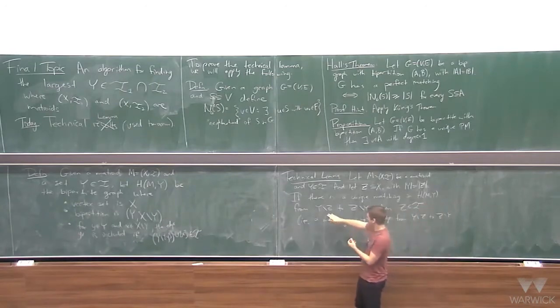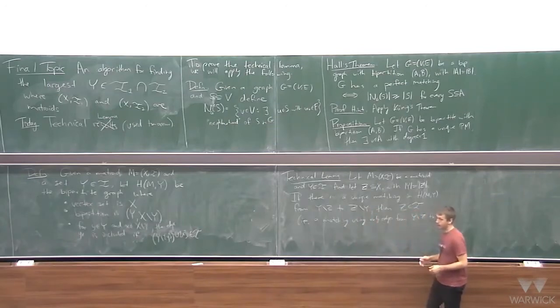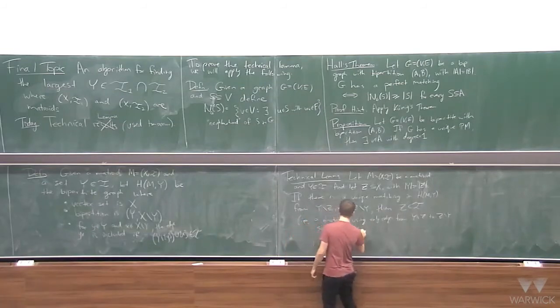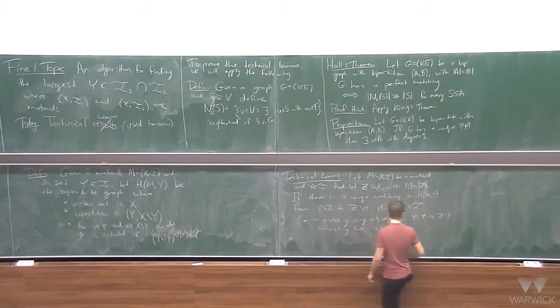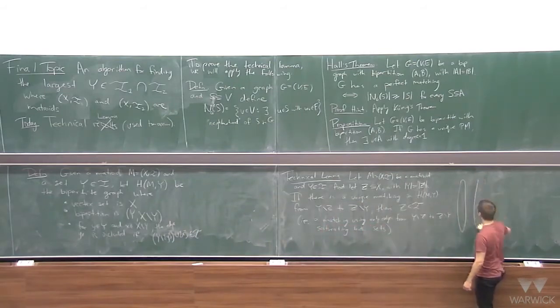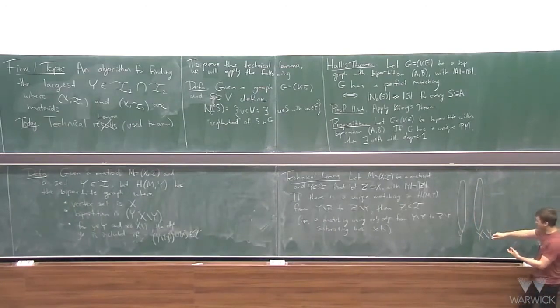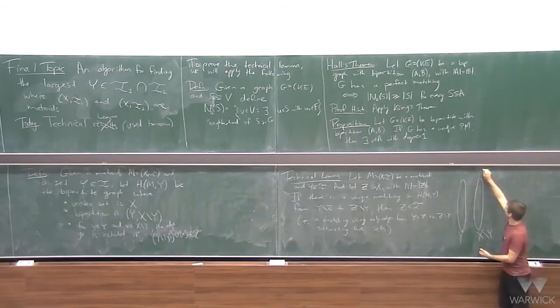So every vertex here and every vertex here is contained in such an edge. The picture is like, this is the set Y, this is the set X minus Y, and here we're looking at the graph H_M(Y).